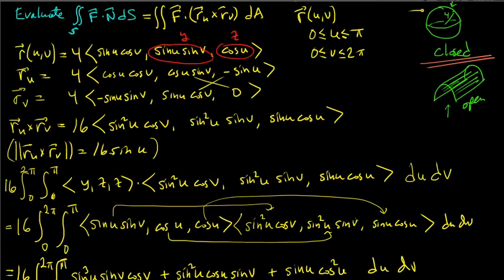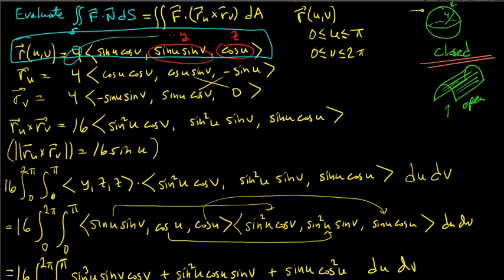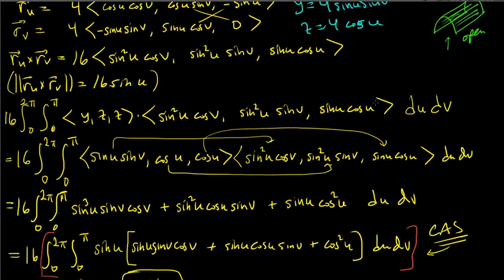It's a factor of 4. Of course. Y is not sine u sine v. I forgot the 4 on the outside. That's the problem with doing that here. So y is 4 times sine u sine v, and z is going to be 4 times cosine of u.